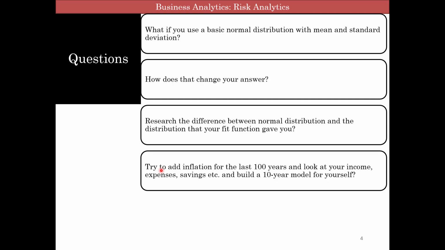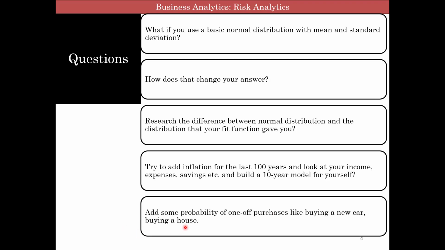Go ahead and do a search for inflation in the United States for the last 100 years and look at your income, expenses, savings, and build a 10-year budgeting model for yourself using this, right? Add some probability of a one-off purchase, like when you buy a house, you spend $200,000 or $250,000, or you're spending $30,000 for a new car.